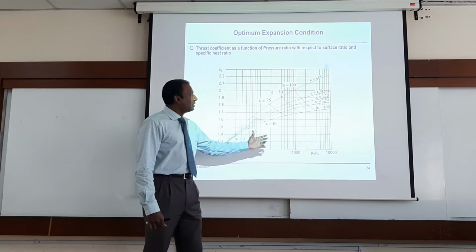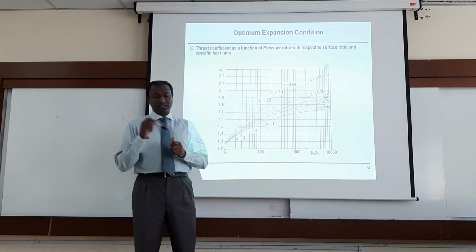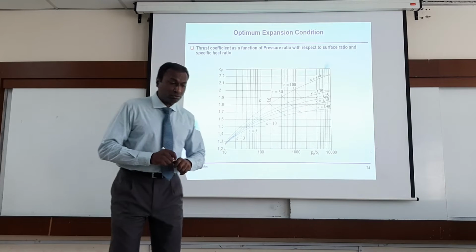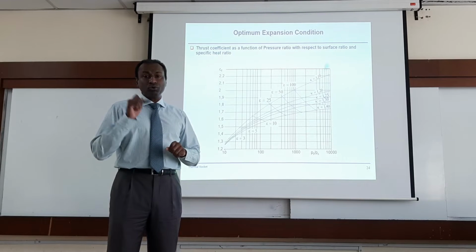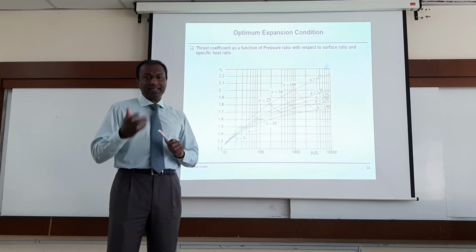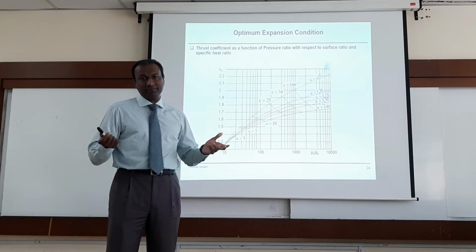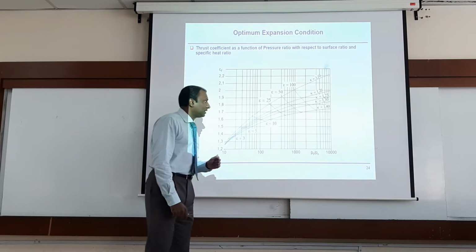Therefore, we need to optimize the actual surface ratio. We have also understood that optimizing the surface ratio helps us achieve a higher thrust coefficient, the CF. That we have shown successfully in the equation that we have.